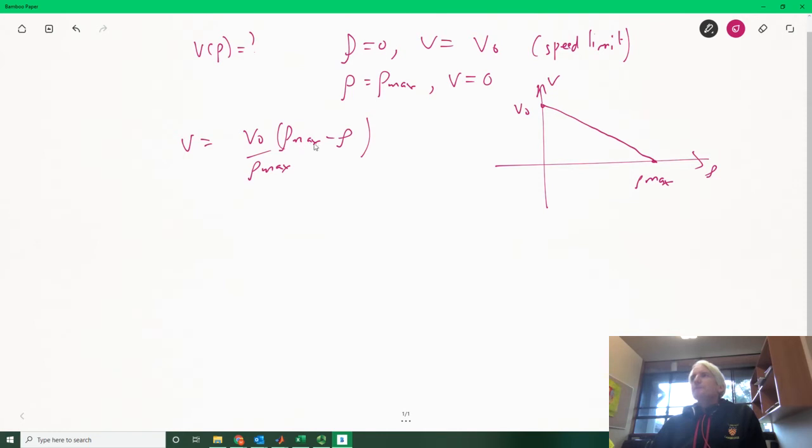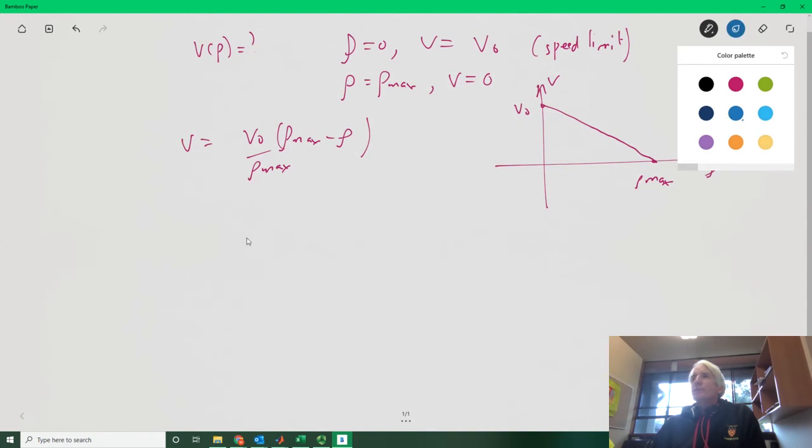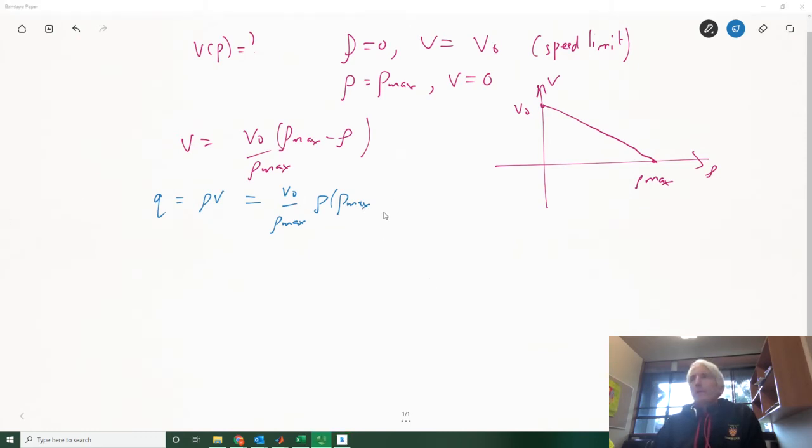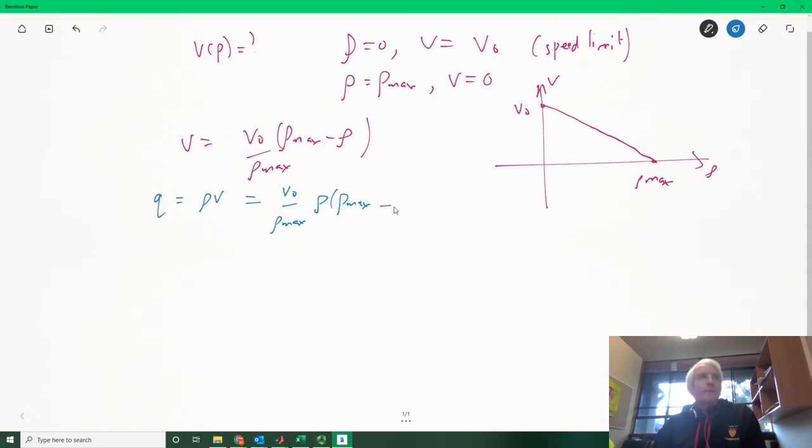And then we're going to draw onto this graph a couple of other quantities of interest. The first one is q, which is equal to ρ times v. So that's going to be equal to v naught over ρ max, times ρ times (ρ max minus ρ). So if I draw that on this curve, we get a curve that comes up and looks like that.